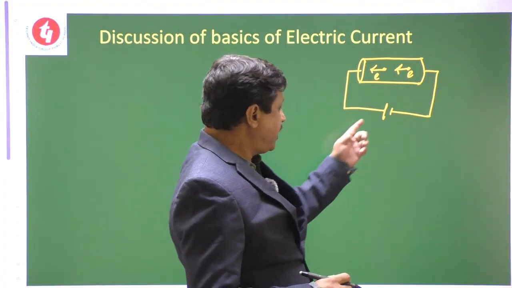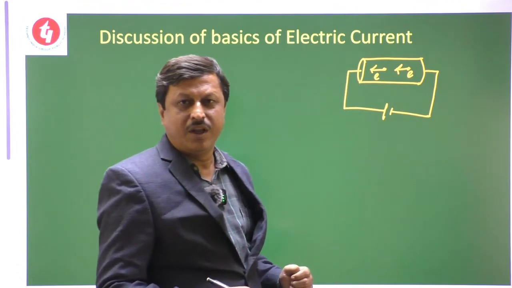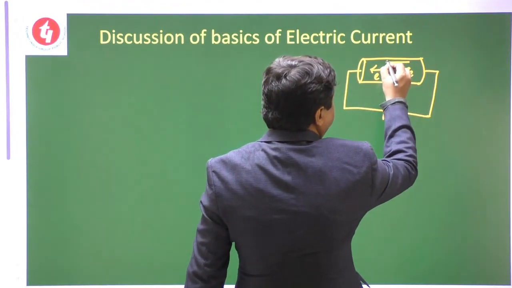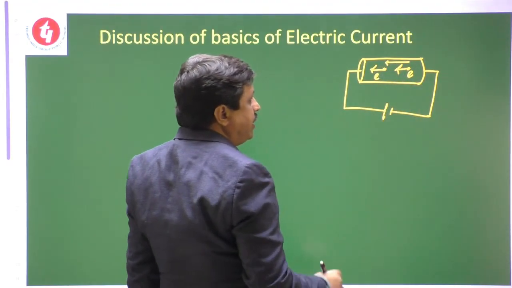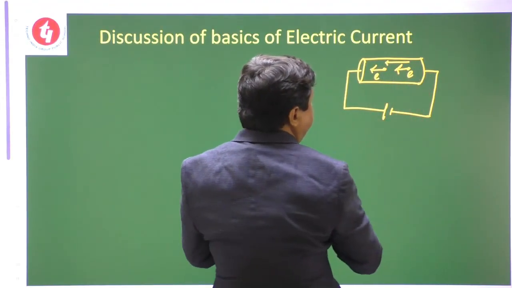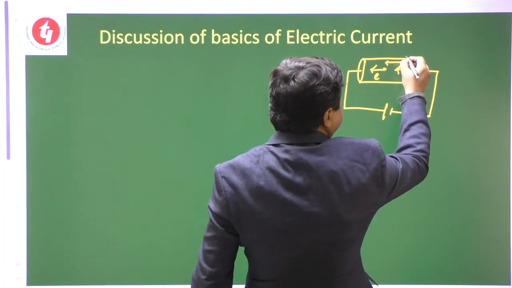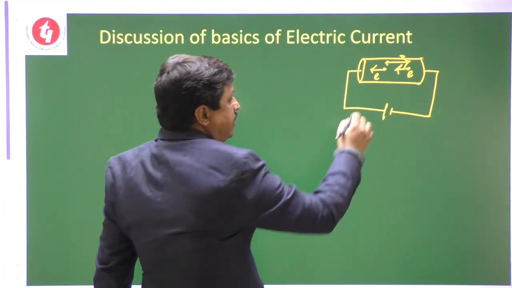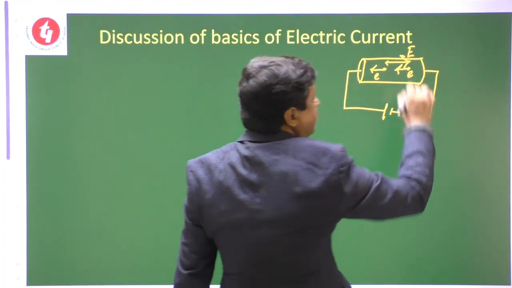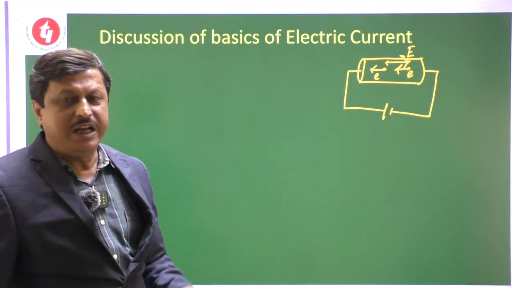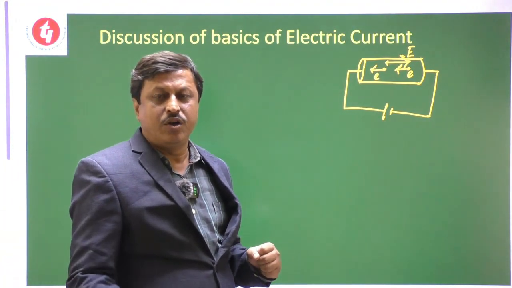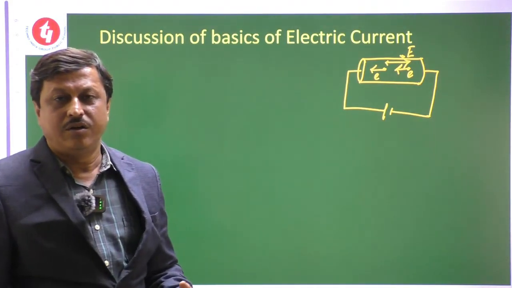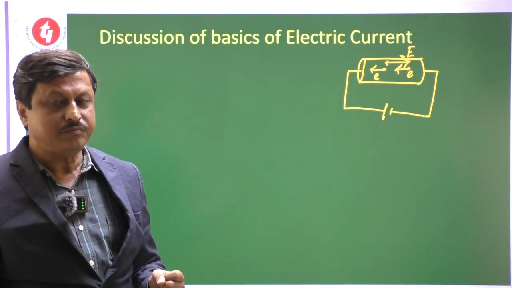But when we connect the battery, an electric field is generated in this conductor, in this direction, the opposite direction. And you know that an electric field pushes the charges, right?